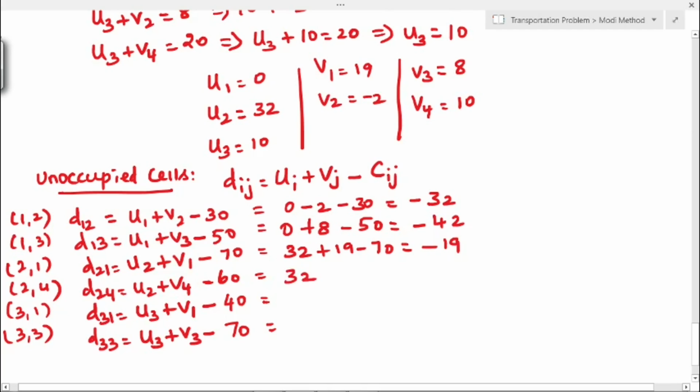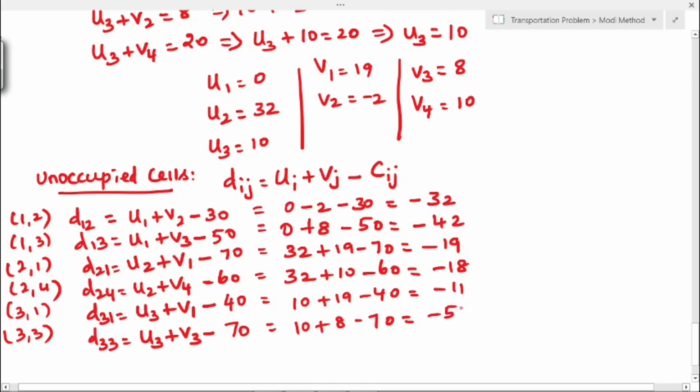U2 32 plus V4 10 minus 60, so this is 42 minus 60, minus 18. Next, U3 10, V1 19 minus 40, so 29 minus 40, minus 11. Then U3 10, V3 8 minus 70, so 18 minus 70, minus 52.